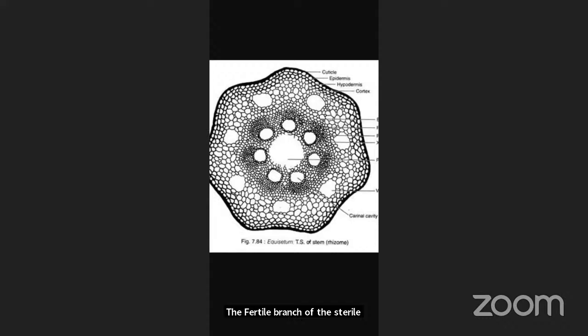These fertile branches bear a solitary terminal strobilus. They are non-green in color, meaning there are no pigments, so they do not carry out photosynthesis. The fertile branches bear the strobilus, and the branching dies after the dispersal of the spores. In some species, the fertile branches shed the strobili after the liberation of the spores and function like the sterile branch.